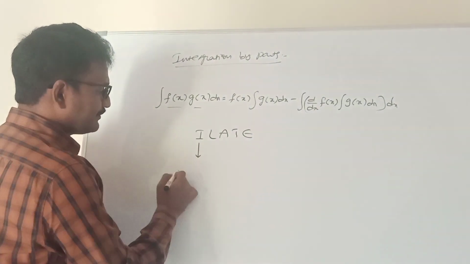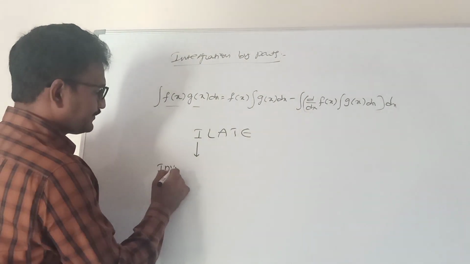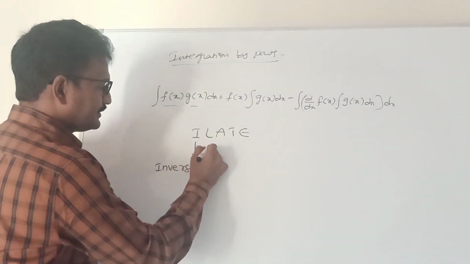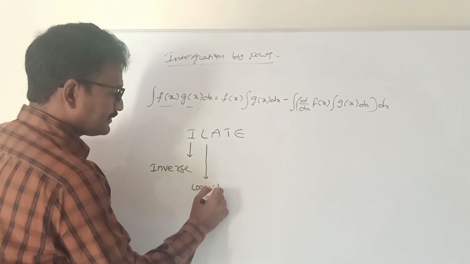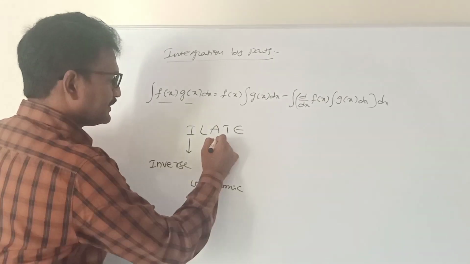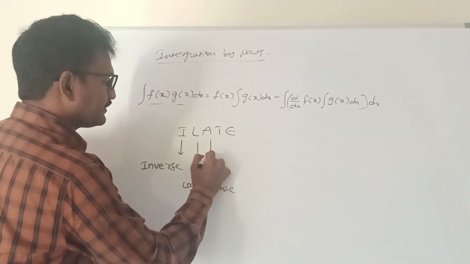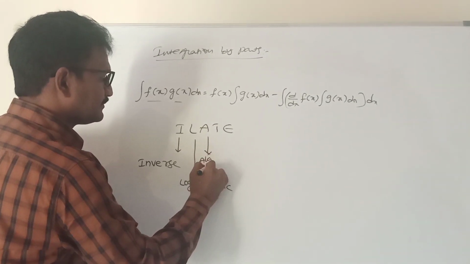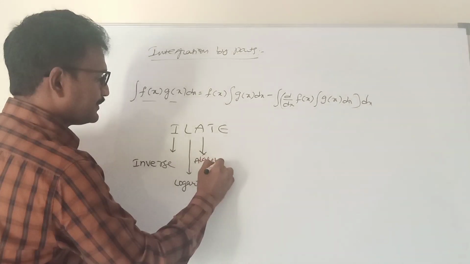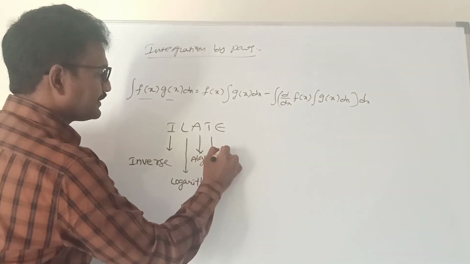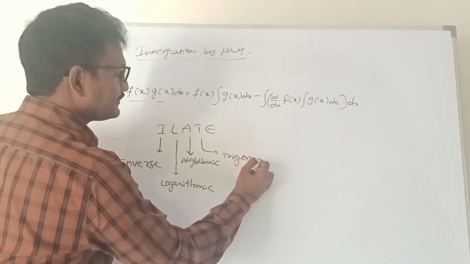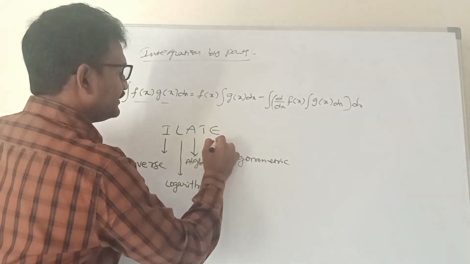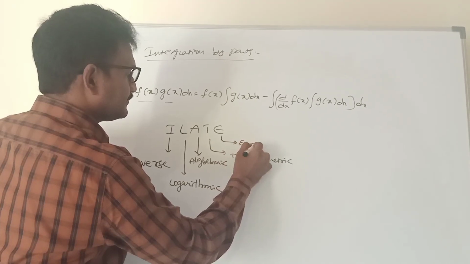So I for inverse, L for logarithmic, A for algebraic, T for trigonometric, and E for exponential.